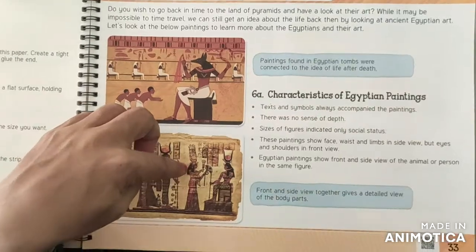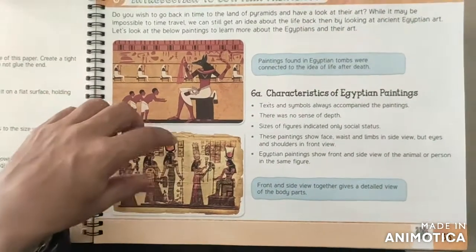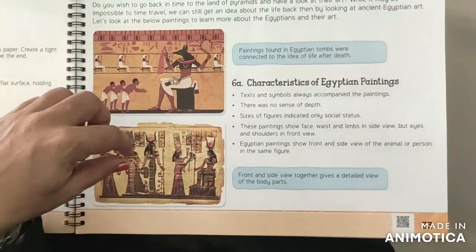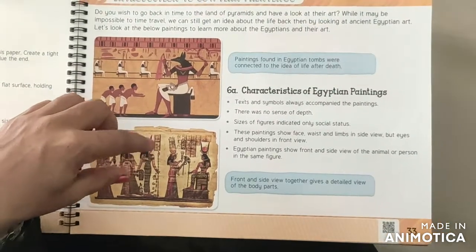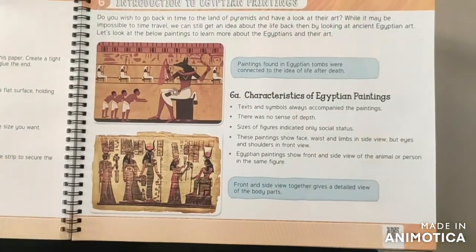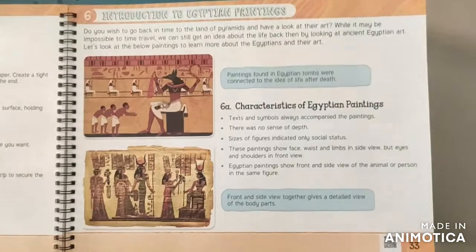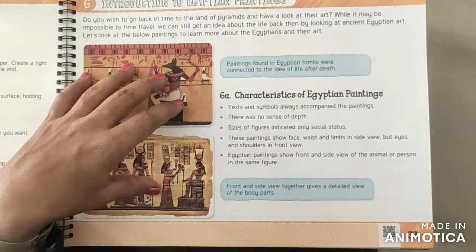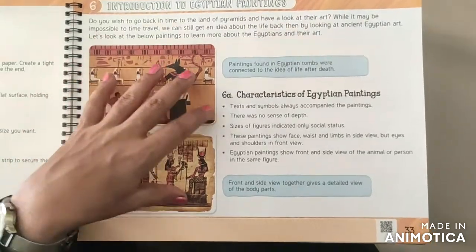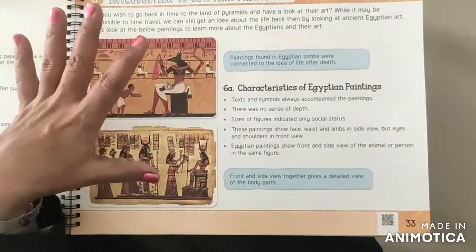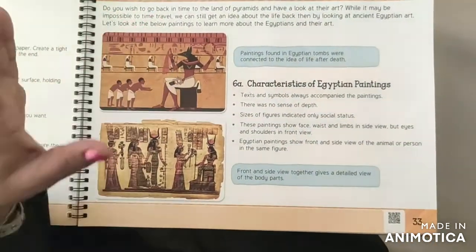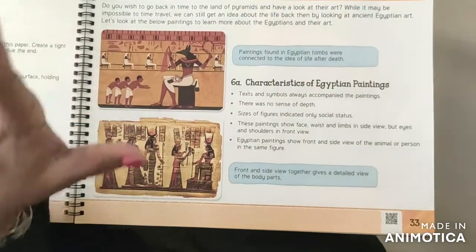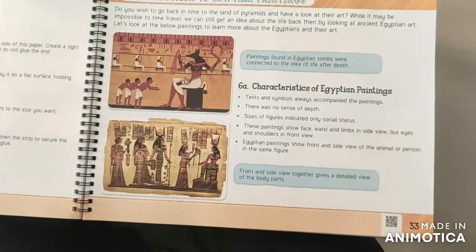Face, waist and limbs, these body parts we see mostly in the side view, and eyes and shoulders we see in the front view. So two types of views and different types of parts they use. That is not the natural thing. These characteristics are not similar to natural action, but their art is like that only.